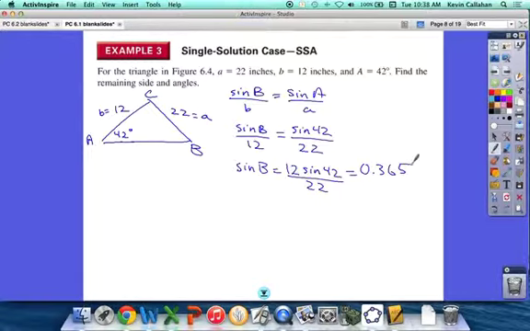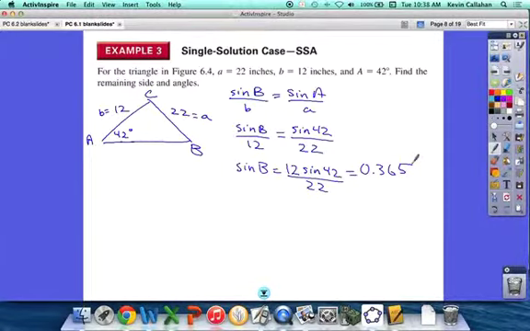Now, is it possible for the sine of an angle to be 0.365? What are the values of sine? What is the range of the sine function? Negative 1 to 1, not the inverse, right? Not the domain. We're just talking the sine function varies between negative 1 and 1. So there's no problem with that.